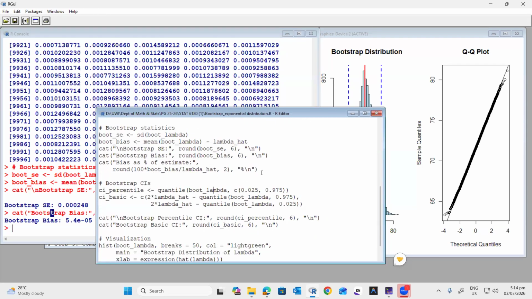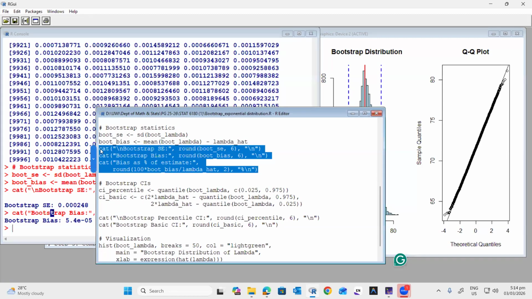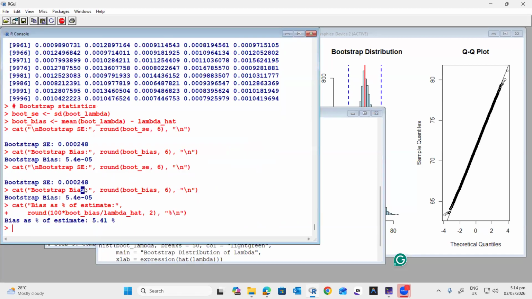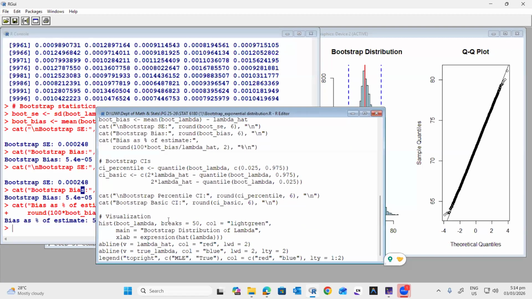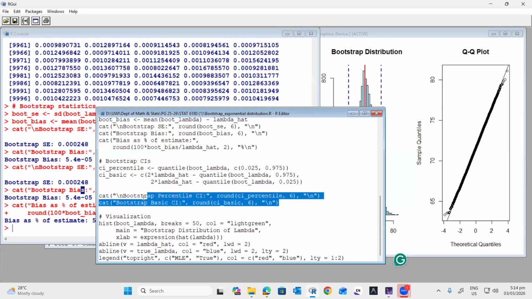After that, we calculated the bootstrap bias in percentage, that is 5.41%. After that, we calculate the percentile confidence interval.